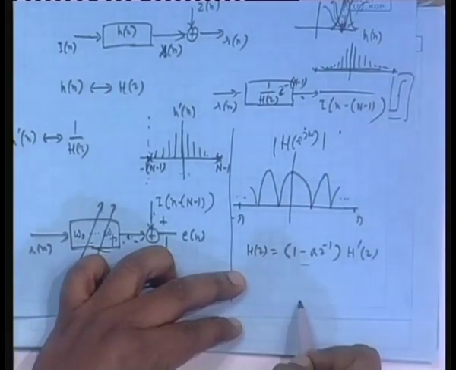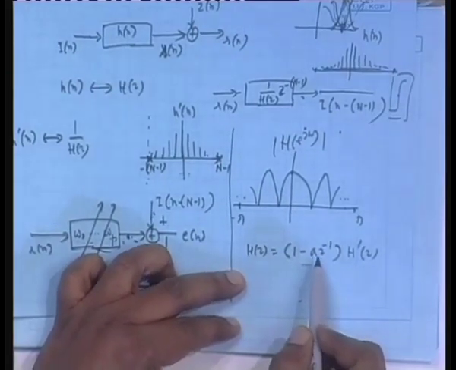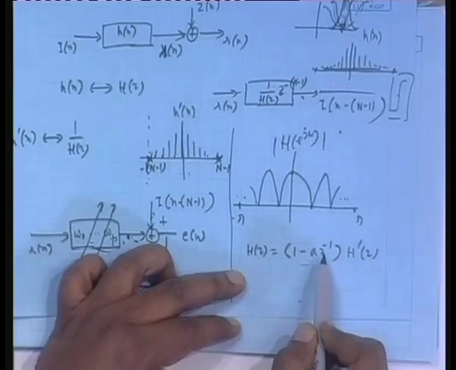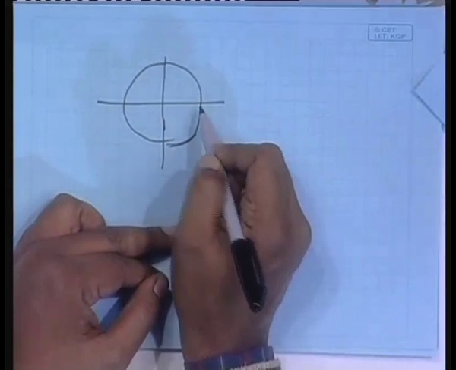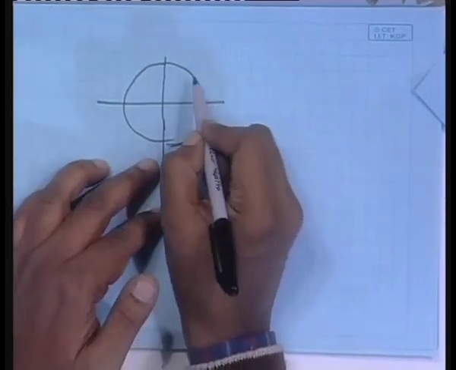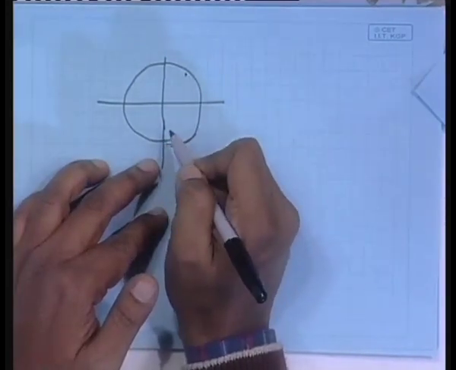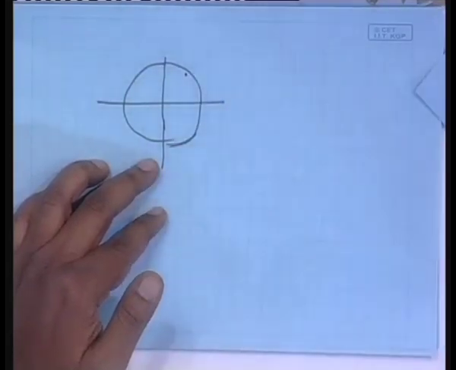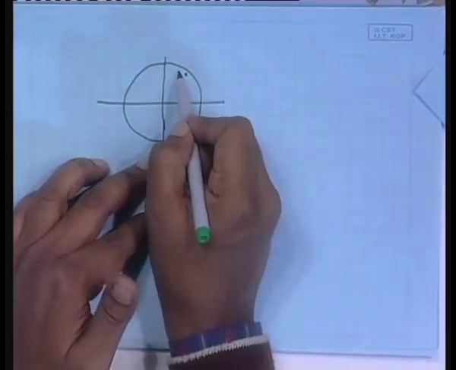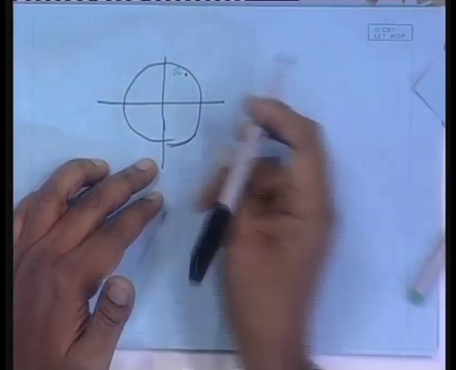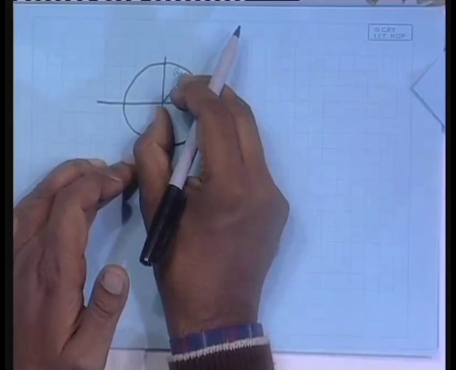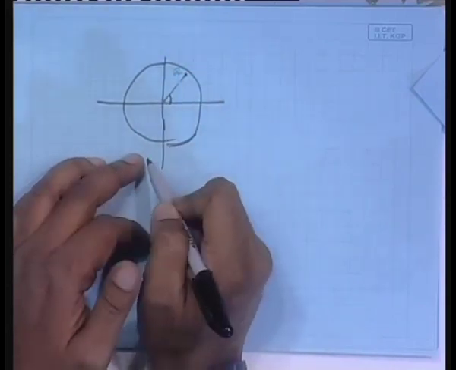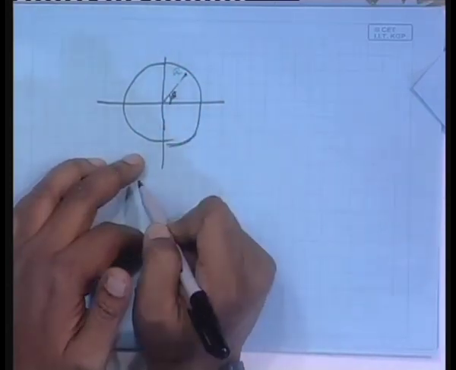The root is at A. Now, suppose this is a unit circle and A is within the unit circle, but very close to the unit circle, this is where your A is, and A is a complex number. So, this much is the magnitude of A, and this is the phase angle, say theta.